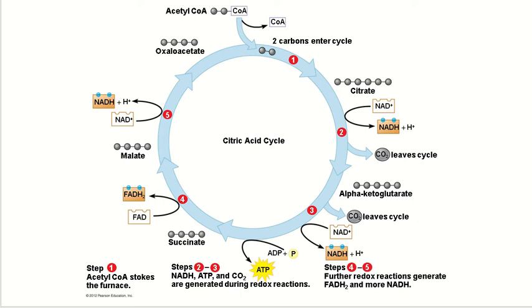As the name suggests, it's a series of oxidation processes, right? Because as you can see in step 2, step 3, step 4, and step 5, almost all of the steps in the citric acid cycle included oxidation of the carbon compound.